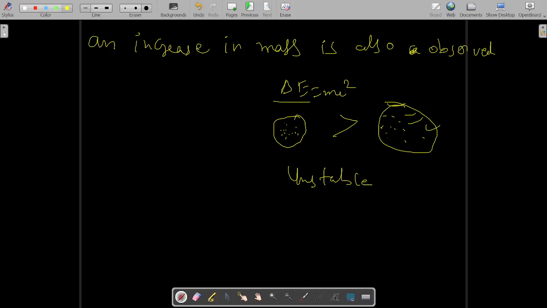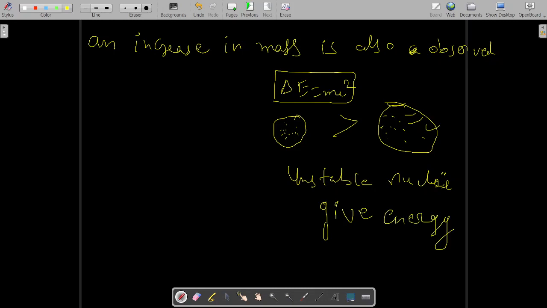So delta E is equal to mc square. When you apply the formula, that will give you how much energy was required. This is the unstable nuclei case, so in this case you will have to give energy.